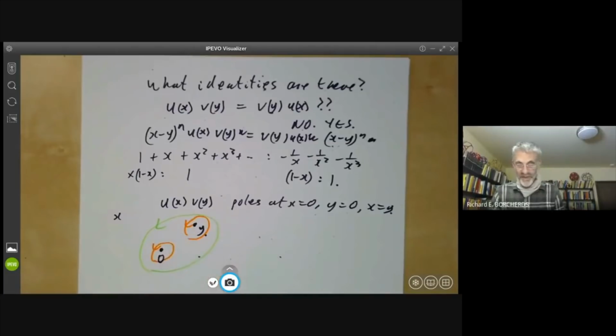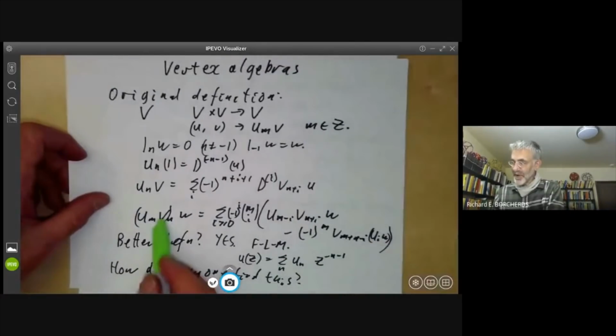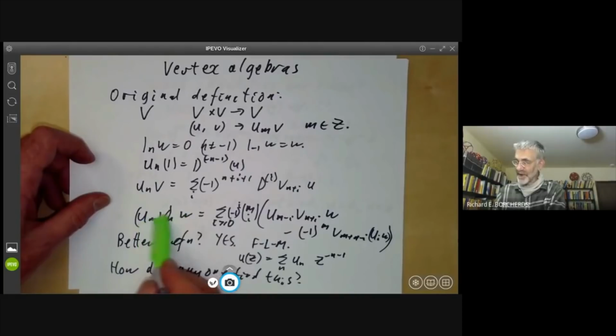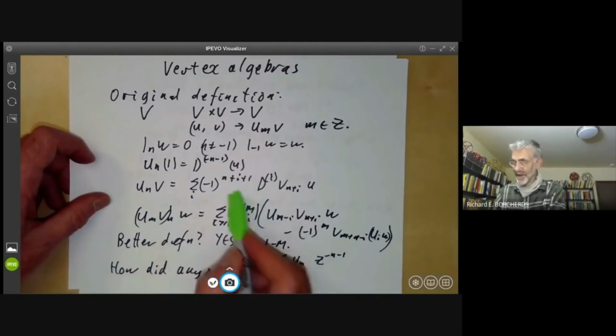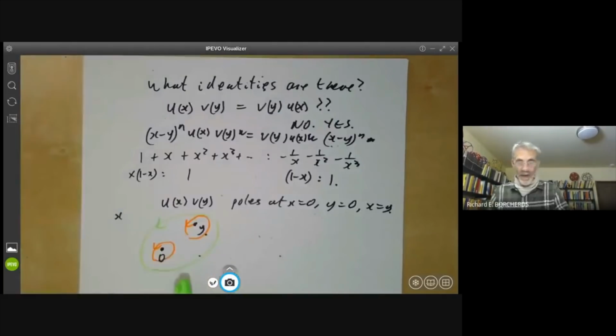So if you carry out this integration, this gives you some sort of identity saying something is equal to something else plus something else. And this more or less gives you this identity here that I wrote down. Actually, it gives you a slightly more general version of this identity, which also incorporates this identity here. So that's how the identity for vertex algebras could have been discovered.